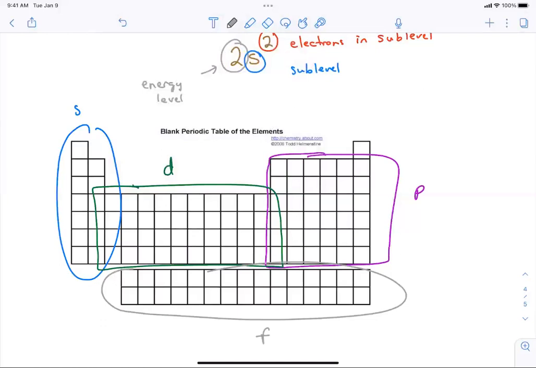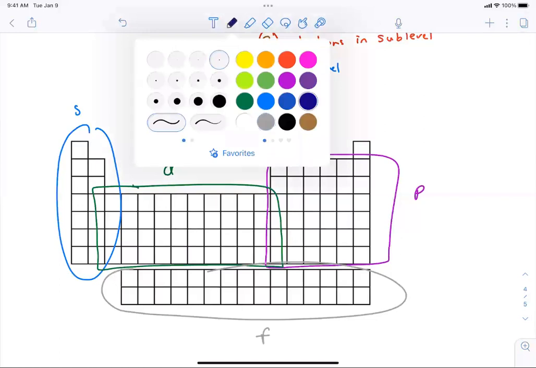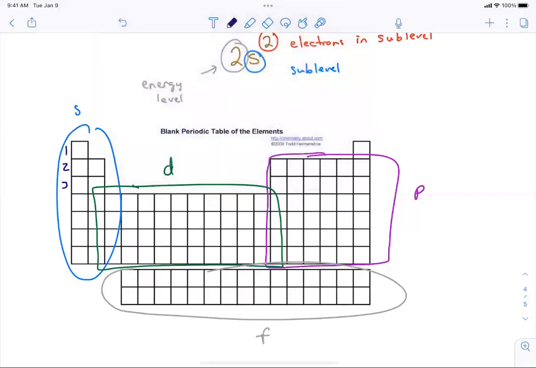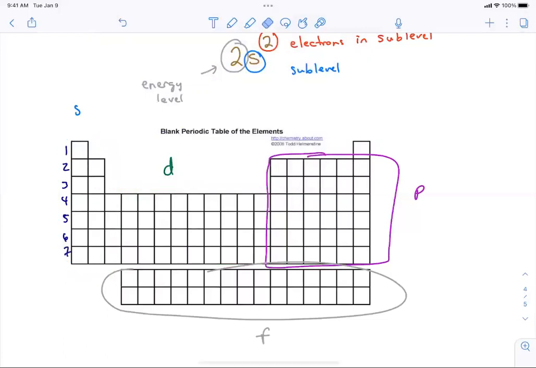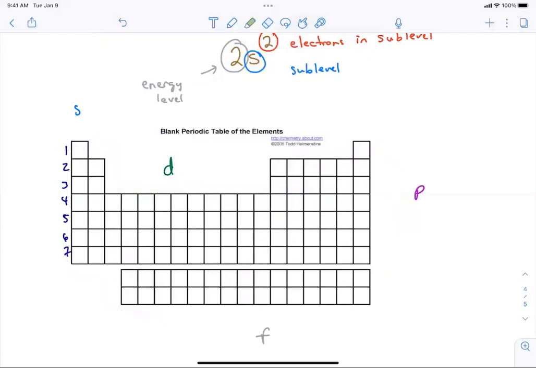Okay. And so the energy levels are 1, 2, 3, 4, 5, 6, 7. Actually, you know what? I'm not erasing this. I'm just going to highlight it instead because I think that's easier for people to see later on when they look at the notes.